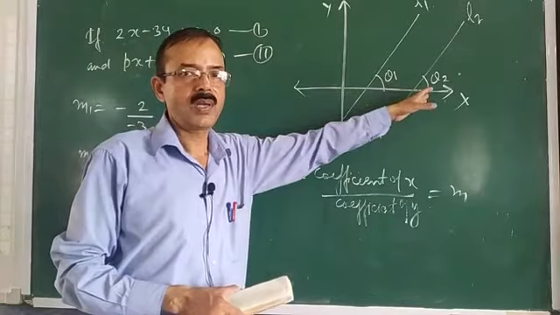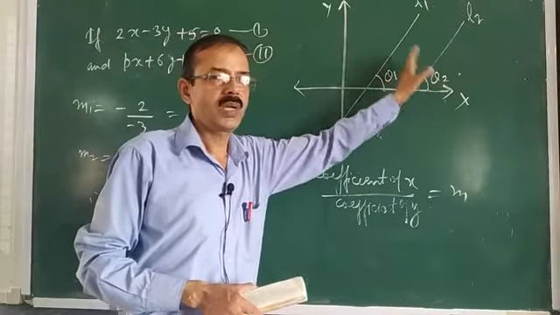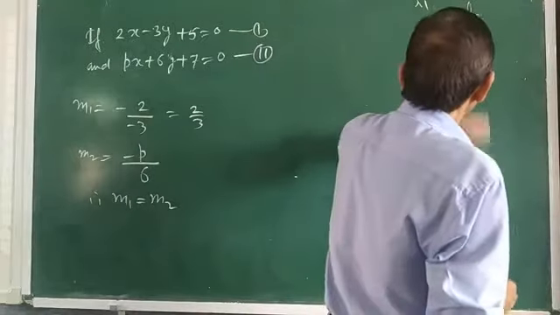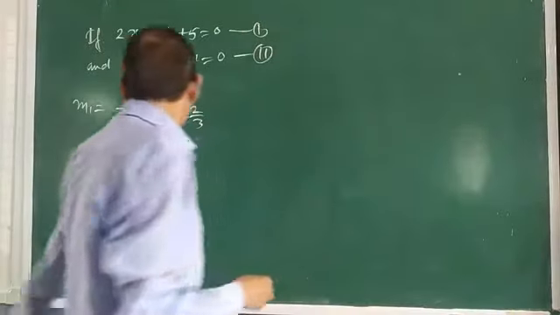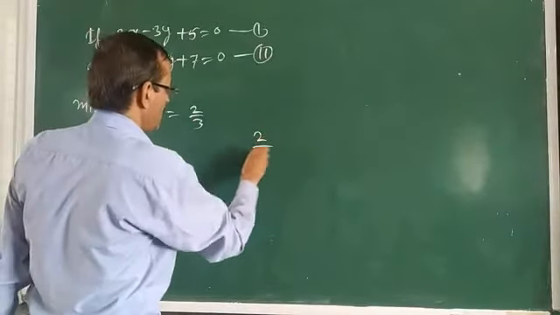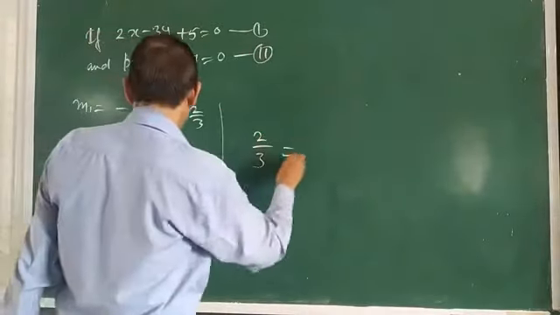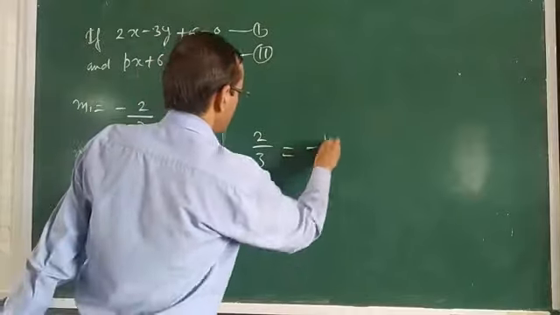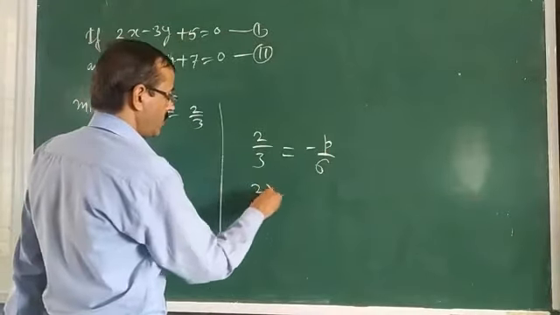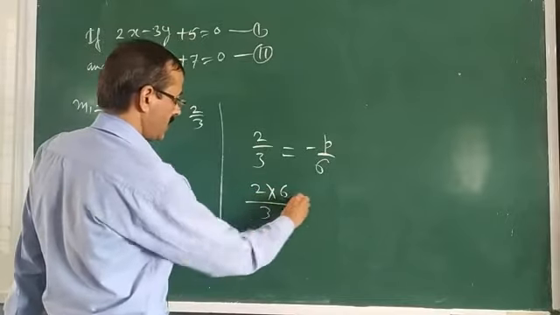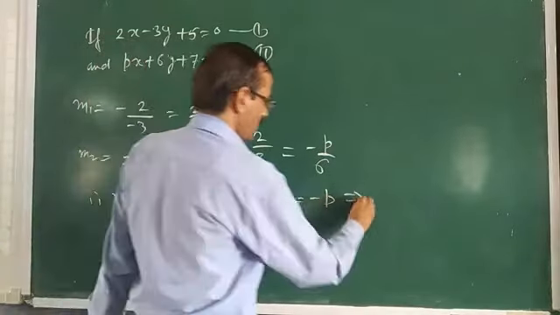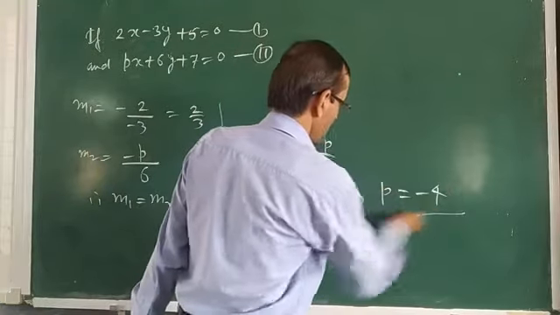If lines are parallel, then theta 1 is equal to theta 2, so m1 is equal to m2. So 2 upon 3 is equal to minus p upon 6. Transposing, 2 into 6 upon 3 is equal to minus p. 3 twos are 6, 2 twos are 4, so p is equal to minus 4.